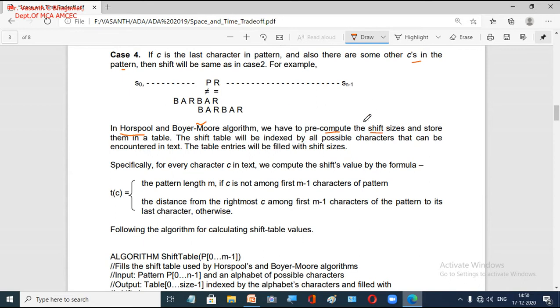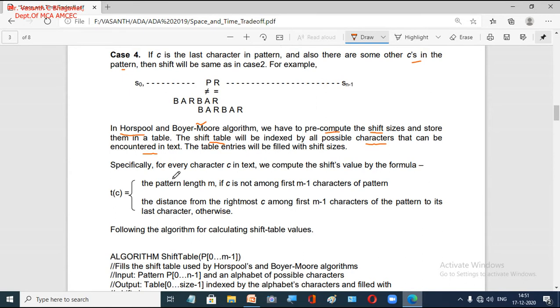How many positions you are going to shift the pattern is obtained from this table. The shift table is indexed by all possible characters that can be encountered in the text. How do we decide how many positions to shift when a particular character is not matching with the text? That is decided by the shift table, and based on that index we move our pattern.